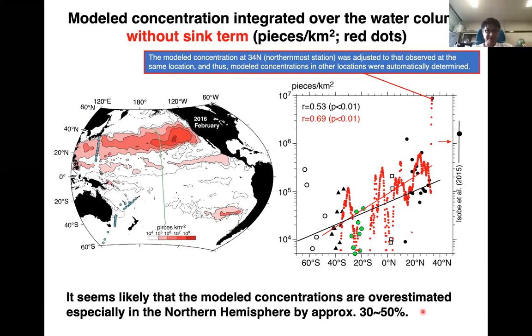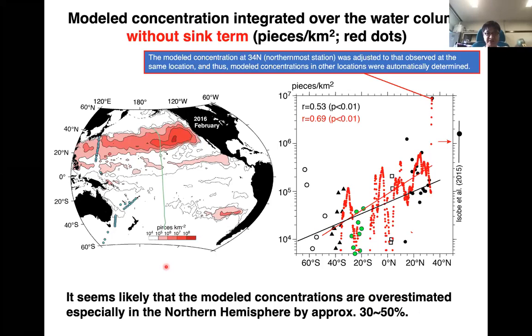Okay, this is the result of our numerical modeling that reproduces the microplastic abundance, in pieces per cubic kilometer, at the present time in February. This is the result without a removal time scale, so tau is infinitely large.